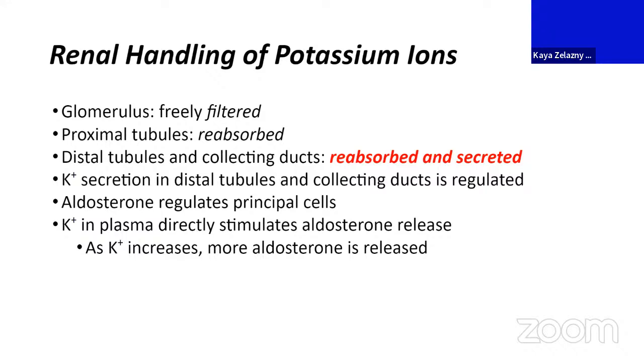So you can pull potassium back into your blood sometimes, and you can secrete it. So you can take it from those cells lining the distal tubule and collecting duct and secrete it, put extra potassium into that filtrate as it's on its way out of the body as urine.